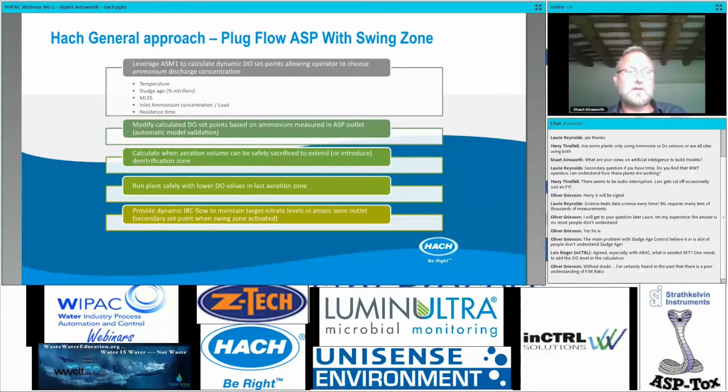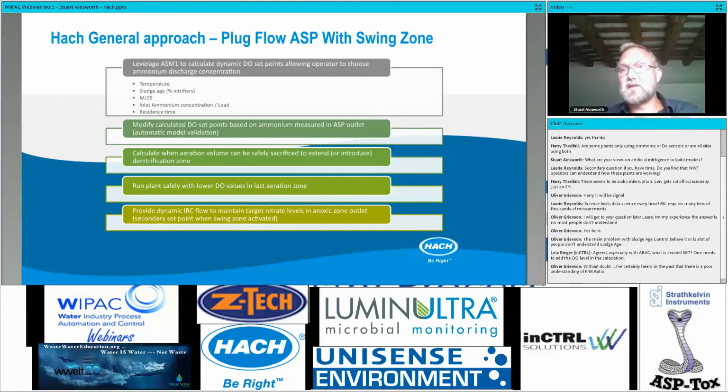Okay. So how do we incorporate swing zone into our model-based control? Unlike the previous example, which uses one ammonia measurement with a model and a feedback zone, we always employ two measurements. We always have a measurement at the inlet of the activated sludge plant and a measurement at the outlet of the activated sludge plant.